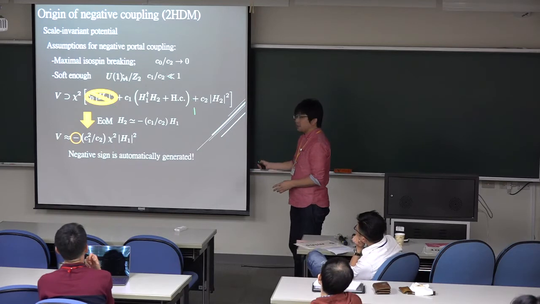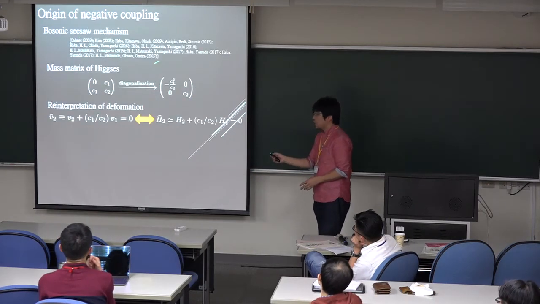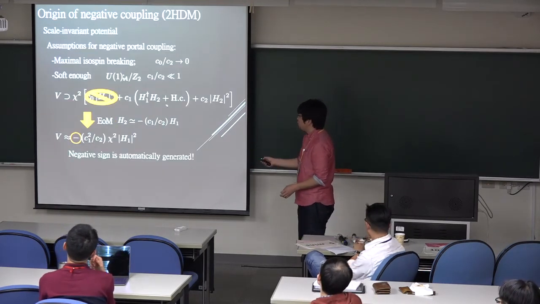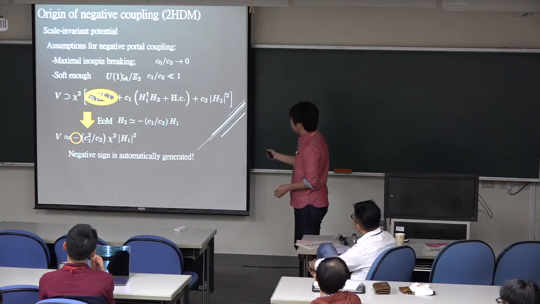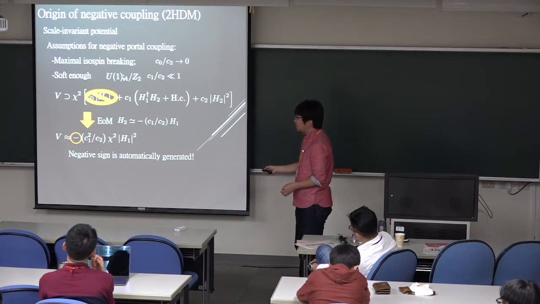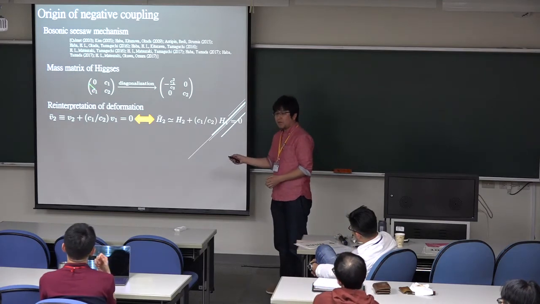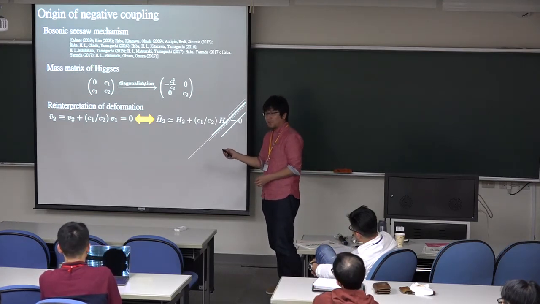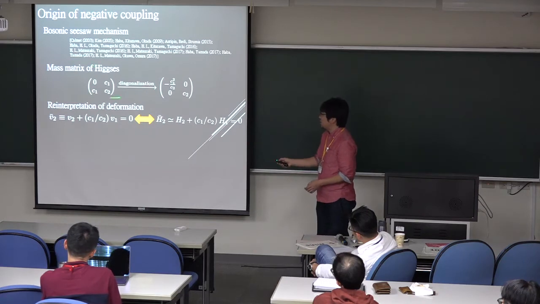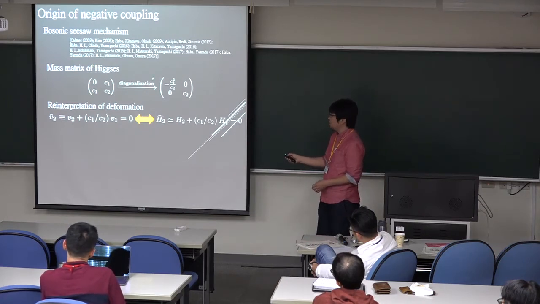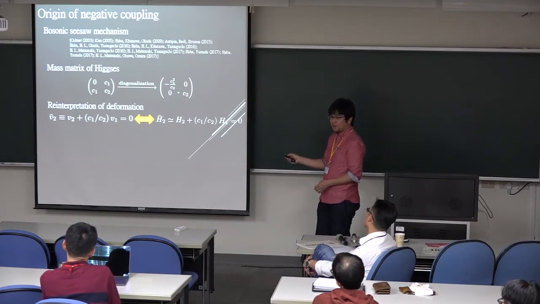Actually, this mechanism itself is called the bosonic seesaw mechanism. When you write down the mass matrix for these two Higgses this way, you can imagine this is nothing but the seesaw mass formula. Since this determinant is negative, one of the eigenvalues must be negative.